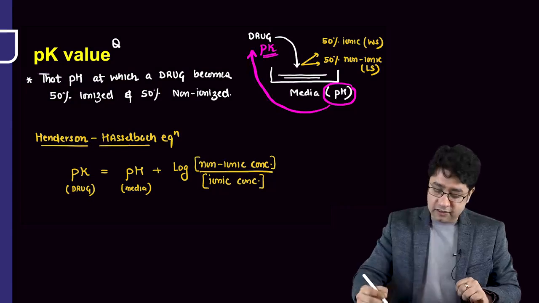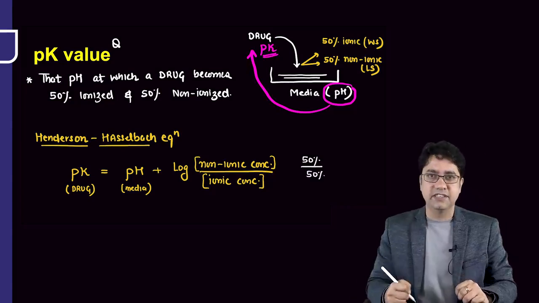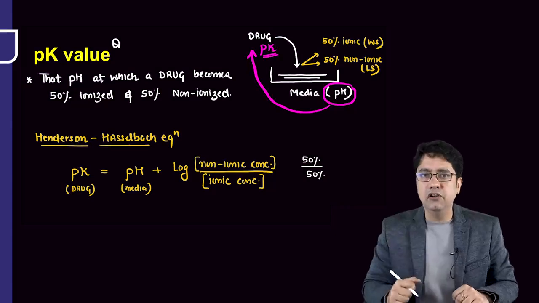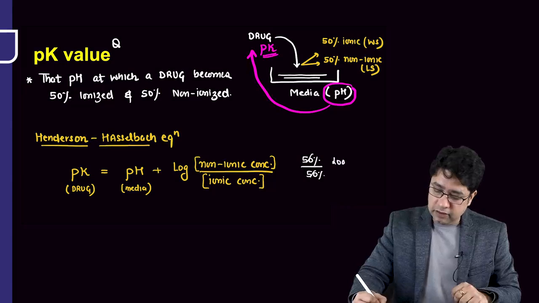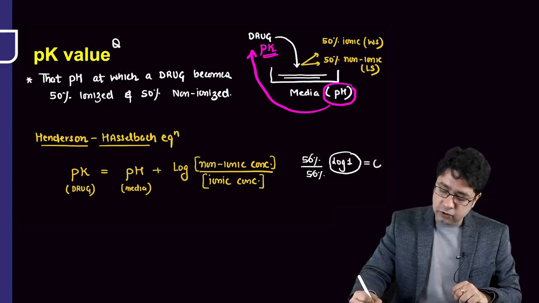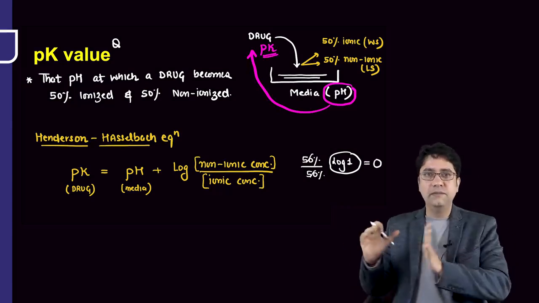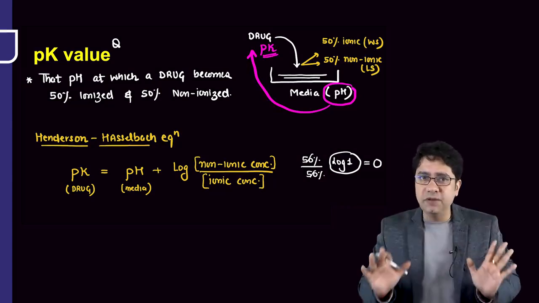Now just see that equation again. If I convert the non-ionic concentration and ionic concentration exactly into 50-50%, can you tell me the value of the log? They will cancel each other, the log value will become 1, and we know log 1 is equal to 0. So this log will be removed, and can we say pK will become equal to pH?